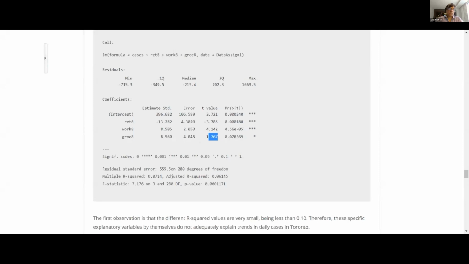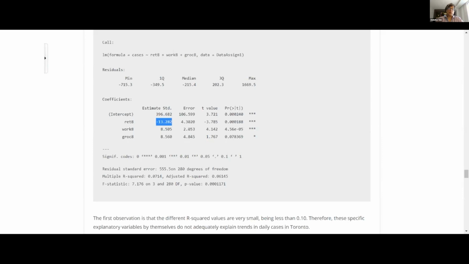But work mobility has the right positive sign. If you recall what I said, what's really important is to have the right sign. And retail mobility perversely has a negative sign, right? That as more and more people went to retail outlets, restaurants, cases went down. That doesn't make much sense.